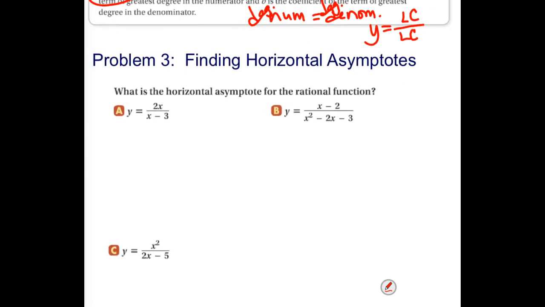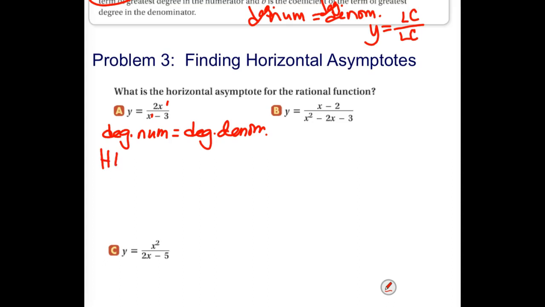In our first example here, what is the degree of the numerator? What's the power of x? 1. Denominator also is 1? So they have matching degrees. The degree of the numerator equals the degree of the denominator. We then go to our leading coefficients.